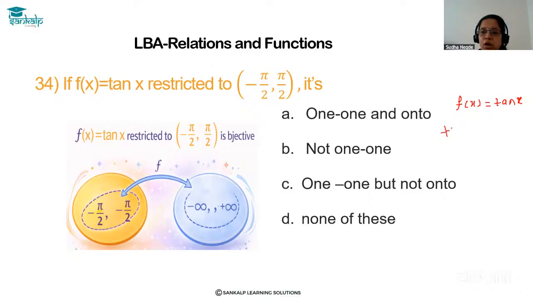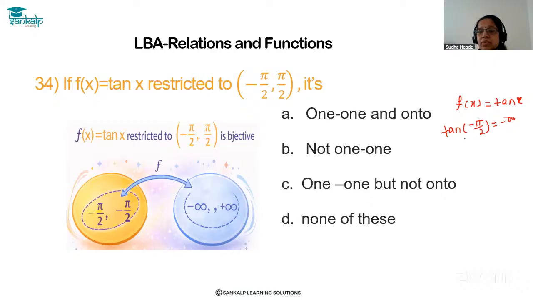And tan of minus pi by 2 is equal to minus infinity because tan is sin by cos. Sin pi by 2 is what? 1. Cos pi by 2 is 0.